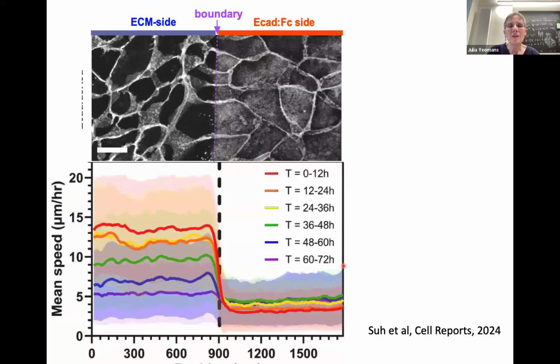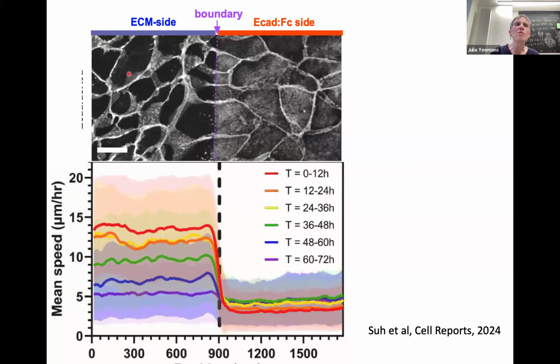So to explain that, well, not explain, but to show that that's sort of okay, there's some really nice recent work from Daniel Cohen's group at Princeton. Very simple experiment, but I think an important one. What he did was put this epithelial cell layer on the substrate as before, but here the substrate is coated with extracellular matrix, and here the substrate is coated with E-cadherin.